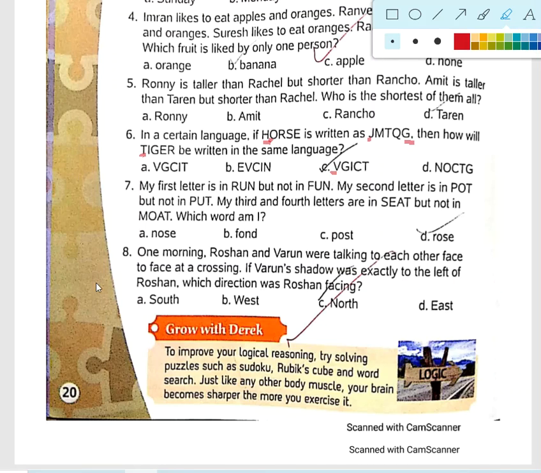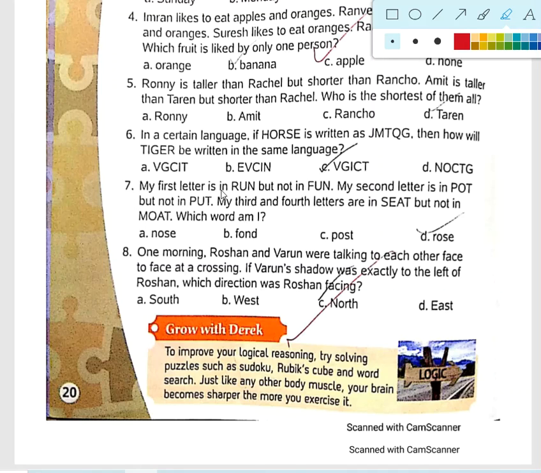I, one letter before: A, B, C, D, E, F, G, H, I. So one letter before I is G. So V, G. G, one letter after H, is I. E, one letter before is C, and R, one letter after is T. So this is the correct answer, V, G, I, C, T. This one is the correct answer. Okay, clear?